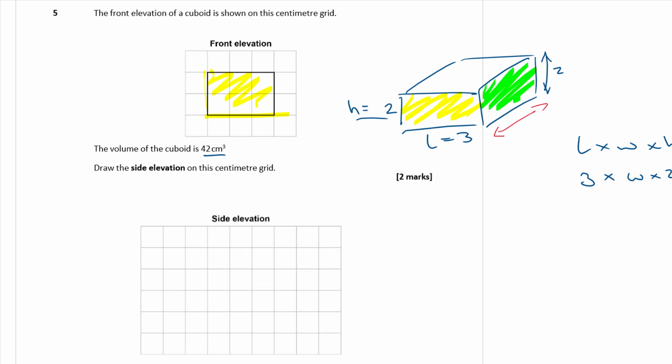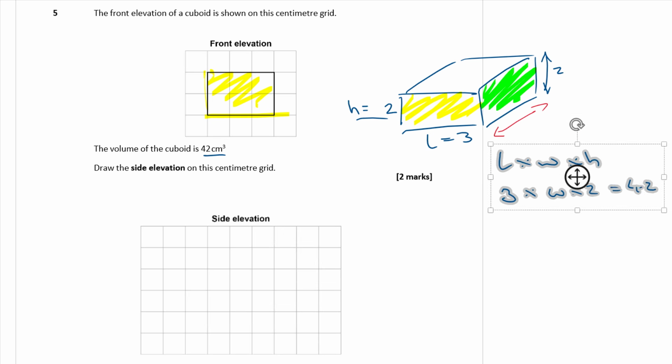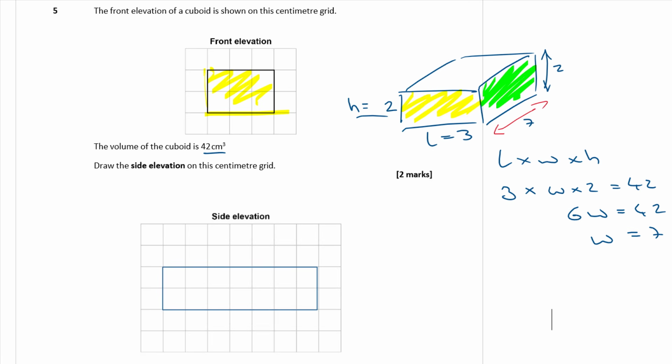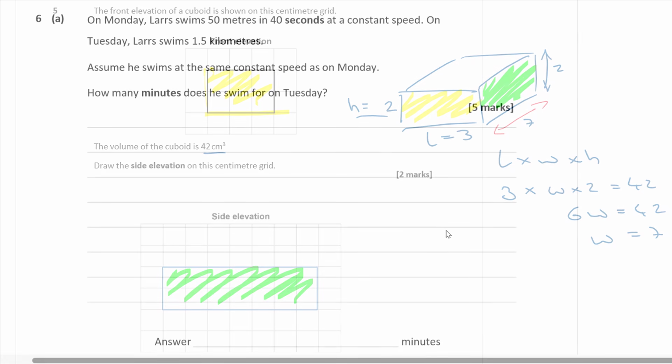Okay, so rearranging that to find W, I've got 6W is 42, so W must be 7. So the side elevation has to be a rectangle with dimensions 2 and 7. So let's quickly draw that. Okay, so that's going to be my green face then, isn't it? It's going to be a 2 by 7 rectangle.